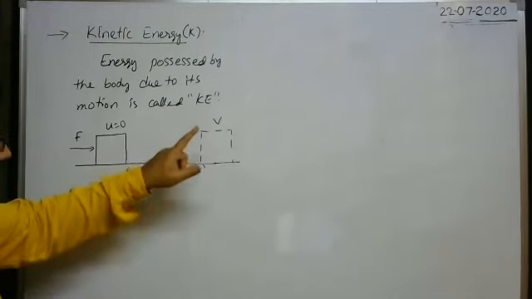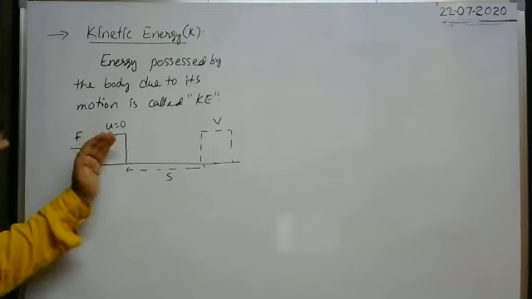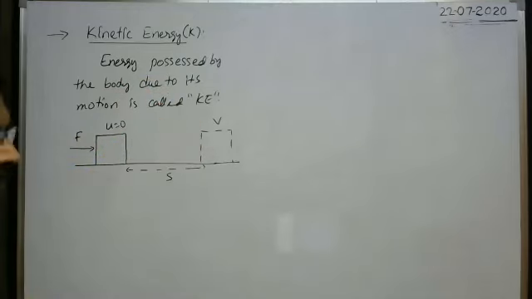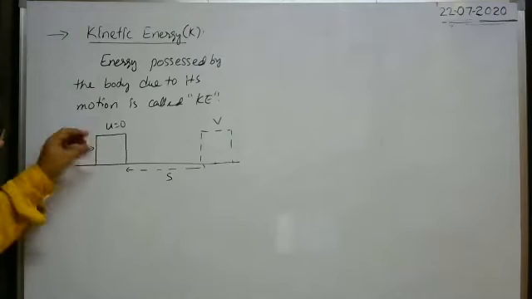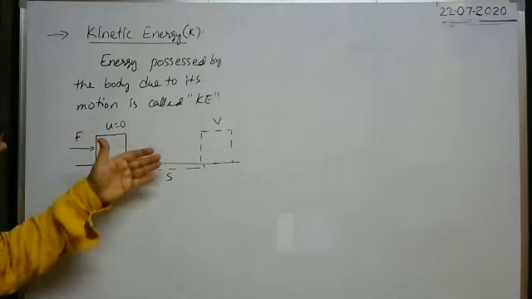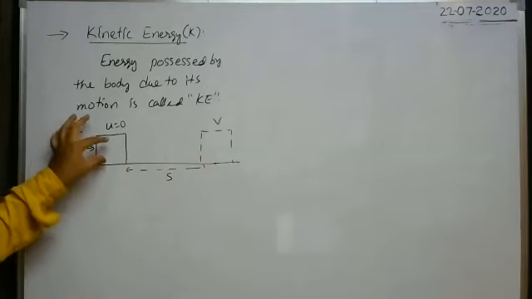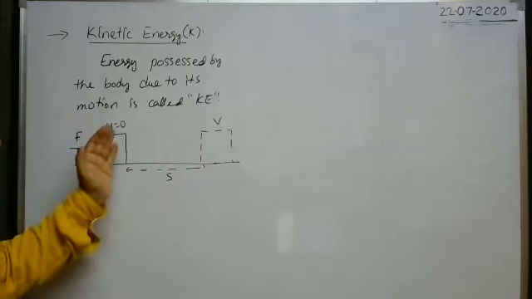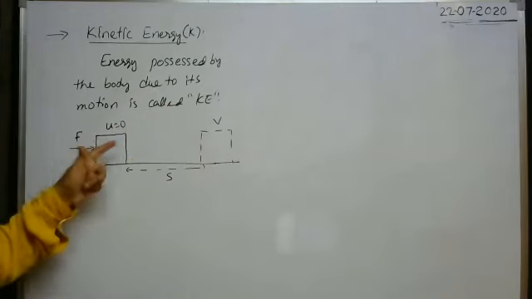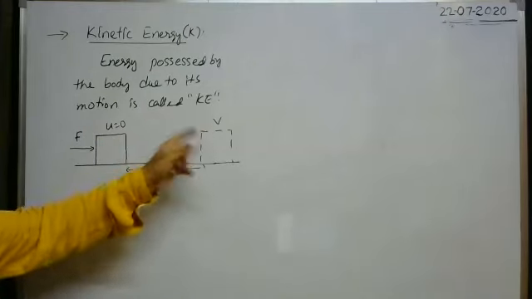To acquire that velocity, whatever work is done by this force on the body is stored in the body as kinetic energy. When you apply a constant force on a body through a certain distance, the work done by the applied force is stored in the body as the kinetic energy.